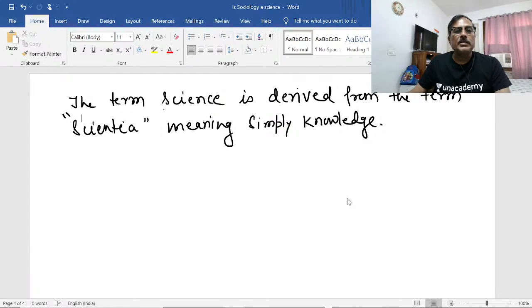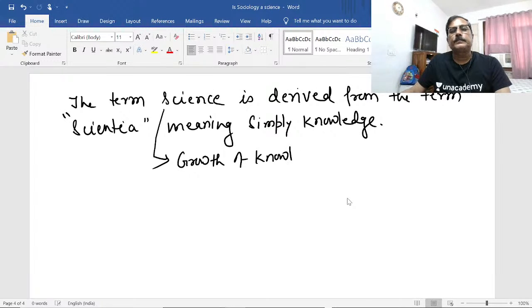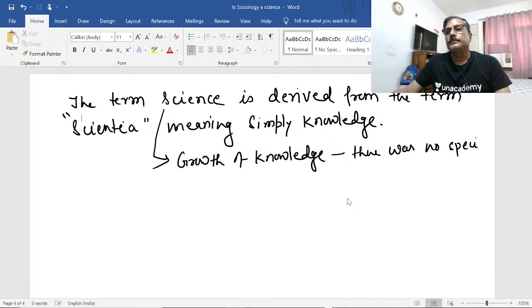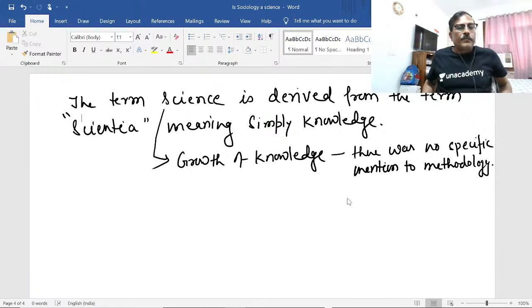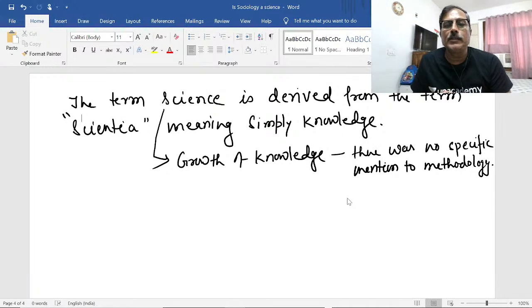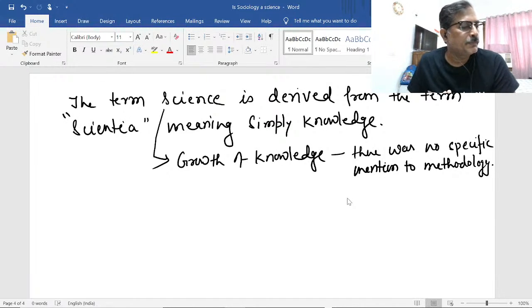That means the earliest meaning of the term science is growth of knowledge, and at this point of time there was no specific mention of methodology. That means at its earliest, science meant knowledge acquired without any mention of what methodology should be adopted. So every sort of knowledge was described as scientific knowledge or science.